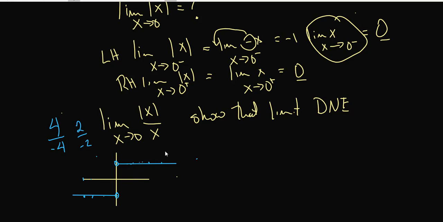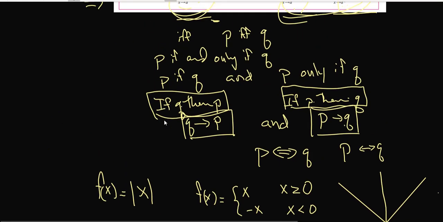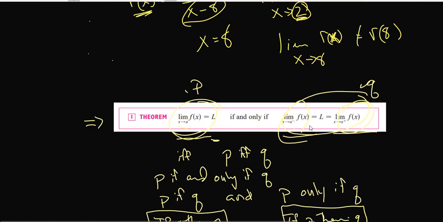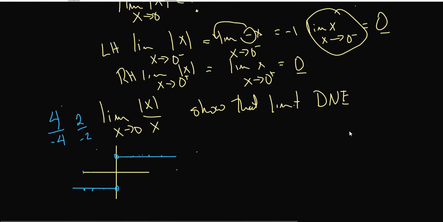But we want to be able to show that using the definition of the absolute value of x and this theorem up here. So what we're going to do is look at the left-handed limit and the right-handed limit and show that they're not equal.